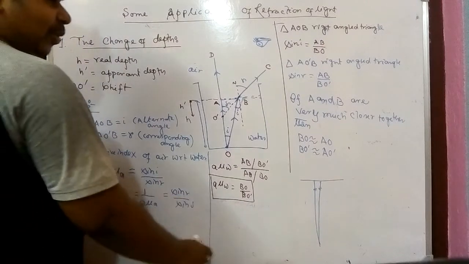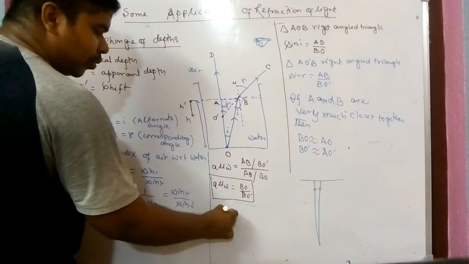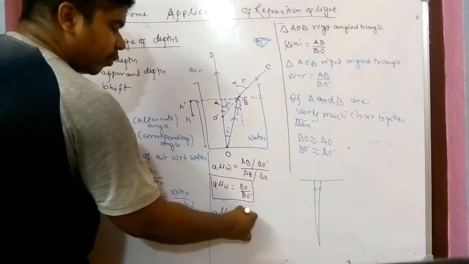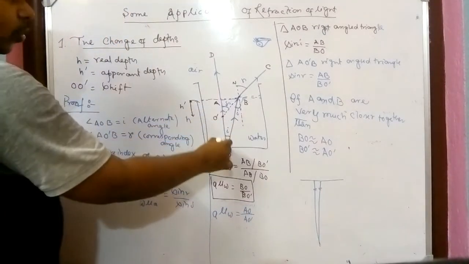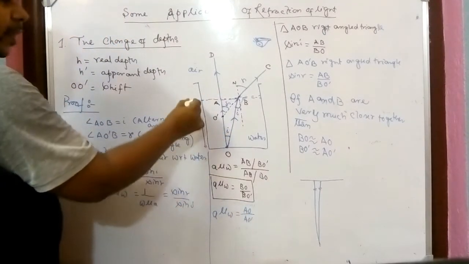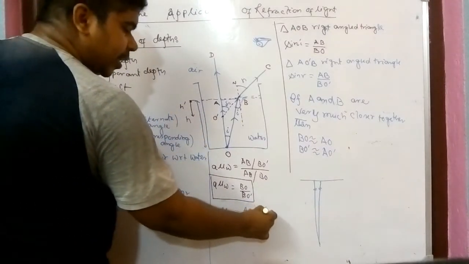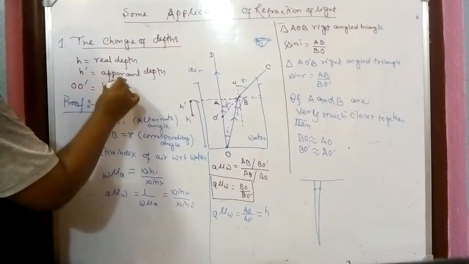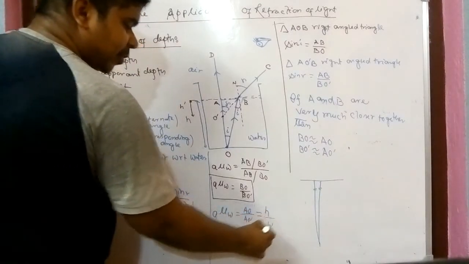So we have to replace this, that is aμw is equal to AO by AO'. So what is AO? See that AO represents the height, the real depth. That means it is basically H. AO' will represent H'.